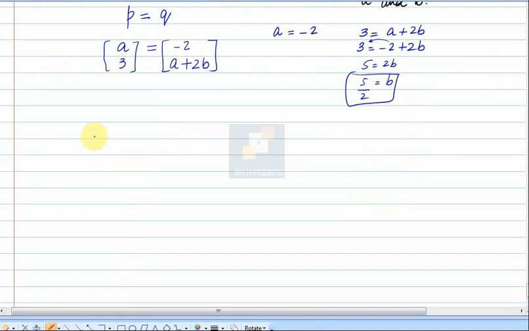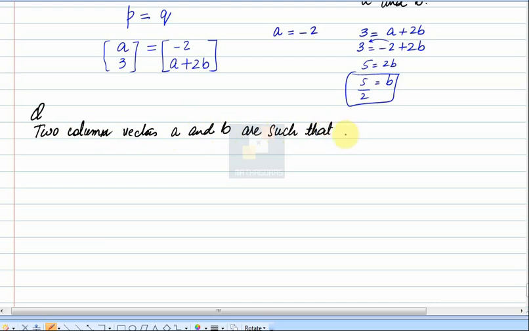The question says, two column vectors A and B are such that A is equal to x plus 2, 4 minus y, and B is equal to 10 minus x, y minus 5.